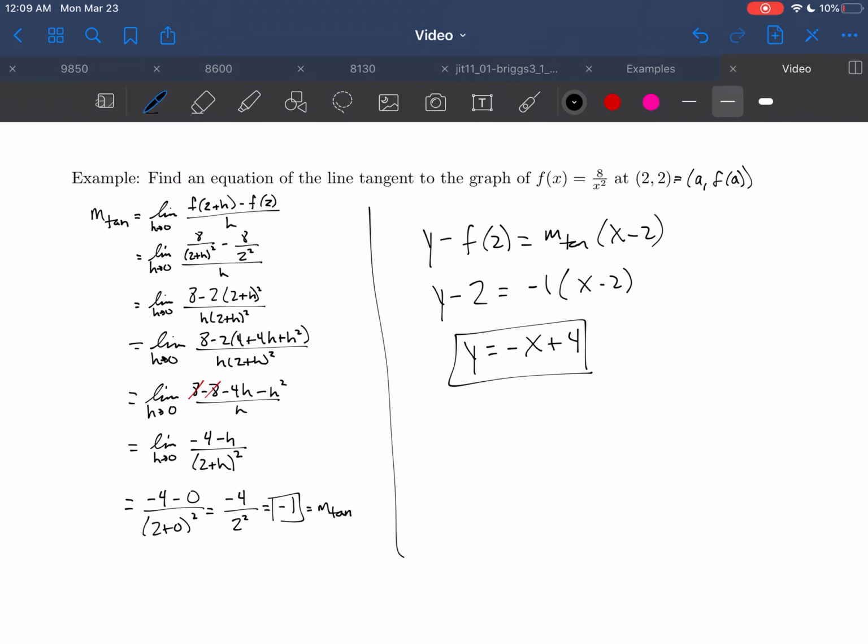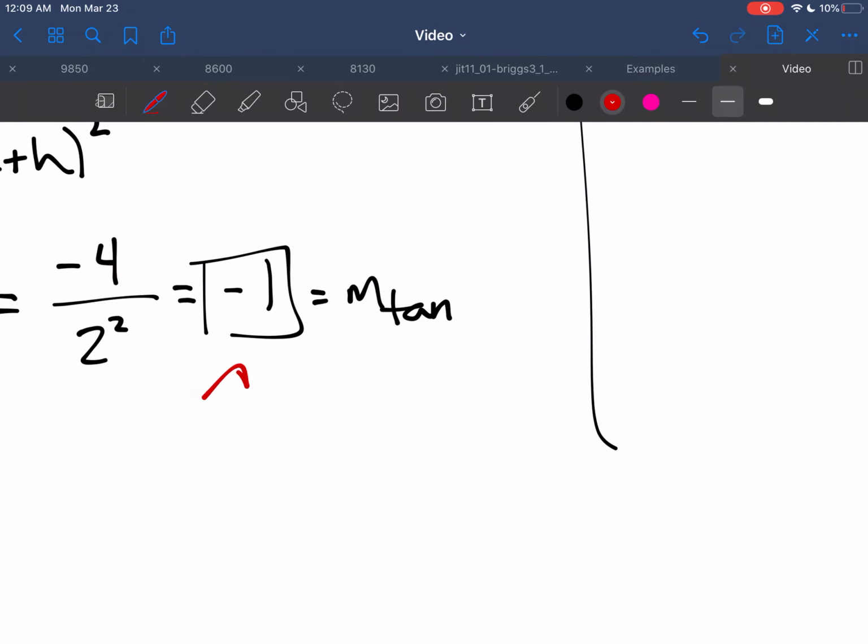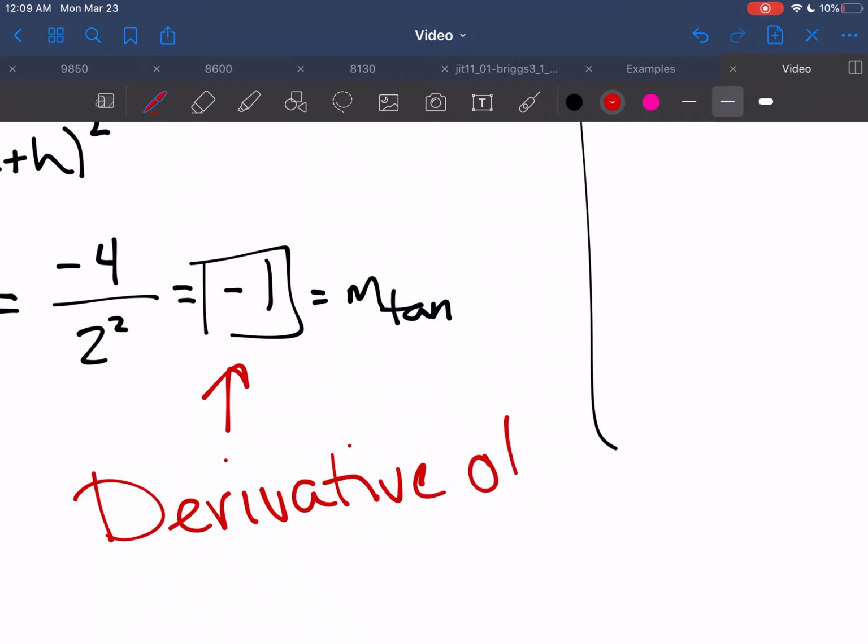Okay. So this negative 1 down here, the slope of our tangent line, and guess what? It is also our derivative of f at 2, or at x equals 2.